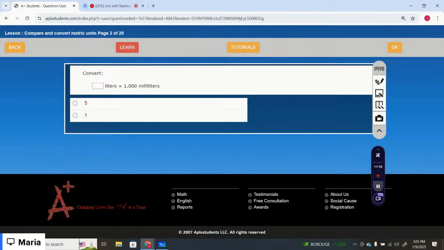Okay, how many liters equals 1000 milliliter, which is the correct option? That is 1 liter, right?